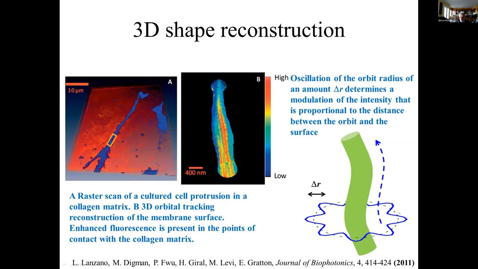By moving the orbit up and down, or farther in, you can get the shape of the object in 3 dimensions. And this is, for example, the shape of the object in 3 dimensions. And then you can see molecules moving along that path, which is shown here with this curve.